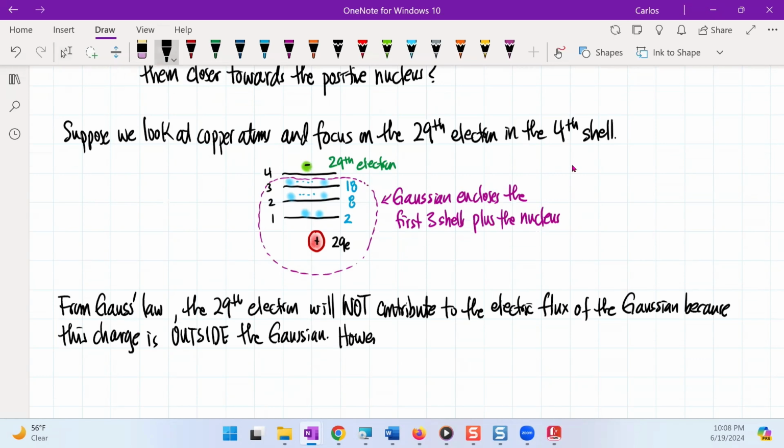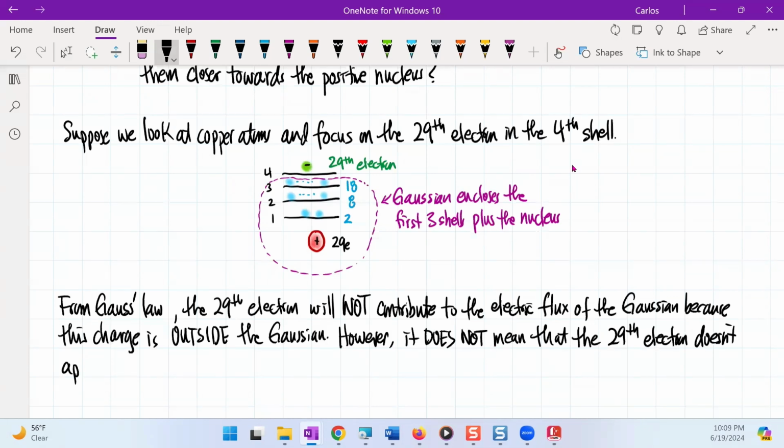However, it does not mean that the 29th electron doesn't apply an electric force on the inner electrons.